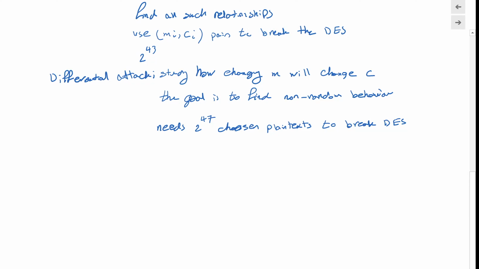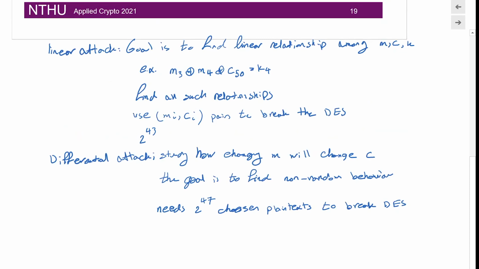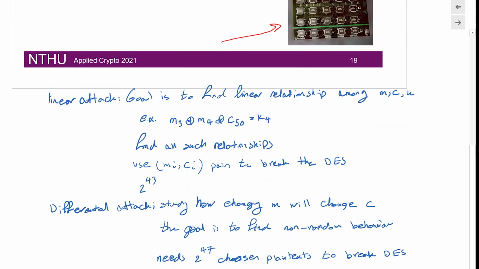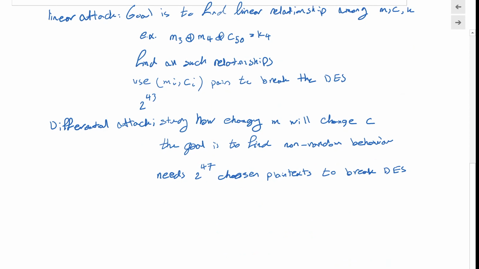So one of the best algorithms out there needs 2 to the power 47 plaintexts, sends them to the algorithm, and gets the encryptions, so that at the end it would be able to break the DES. Well, 2 to the power 47 doesn't show that these guys are too far away from 2 to the power 56. But trust me, 56 bits for the key is already small.